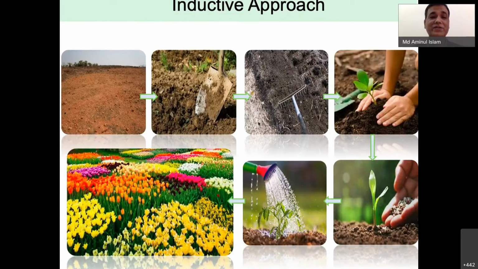You are landing on soil ground, then you prepare the land for planting a tree. You plant a tree, you fertilize it, you water it, and finally you get the kind of flowers you wanted. These are all the flowers that you like because those are the trees that you have planted. So that is inductive research. You start with zero, and we end up with something totally new, something that I expected.